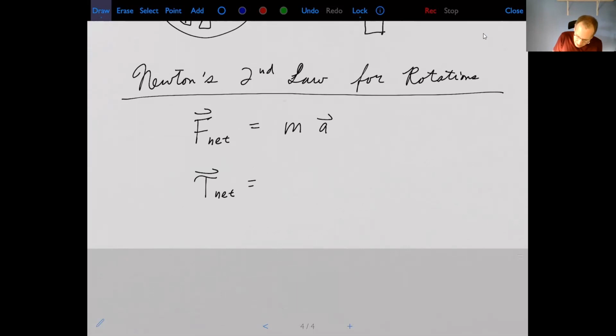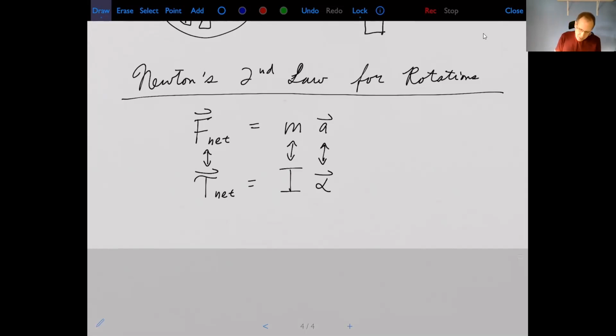Instead of linear acceleration, we have what's called the angular acceleration, alpha. So net torque is kind of like your net force, but for rotations. Alpha is kind of like your a, right? Angular acceleration is like linear acceleration, but for rotations. So you might imagine there's something analogous to mass, but for rotations, and there is, and it is the moment of inertia. So I is analogous to mass.